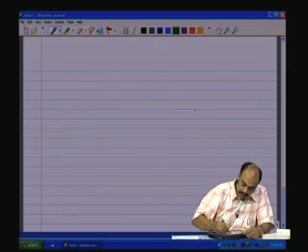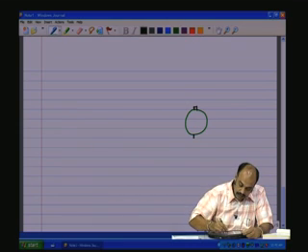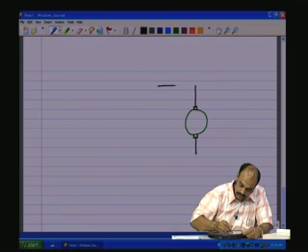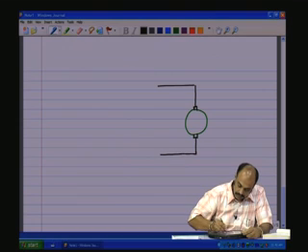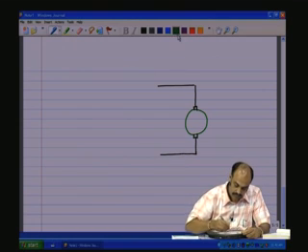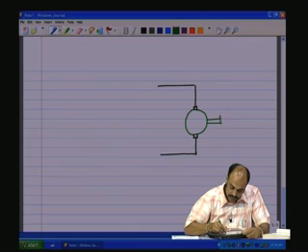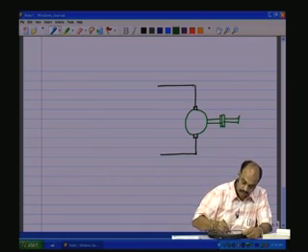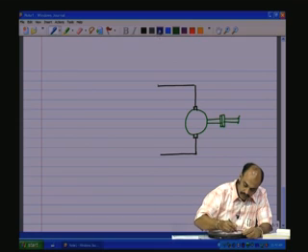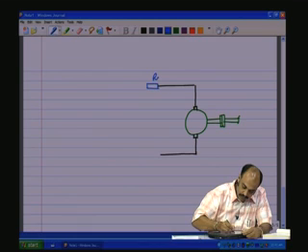So, in the armature voltage control, one could have two machines connected back to back as shown here. Let us say this is one machine, the actual motor which is going to the mechanical load, and there is an RA here as shown in the circuit, and these are the terminals of the motor.